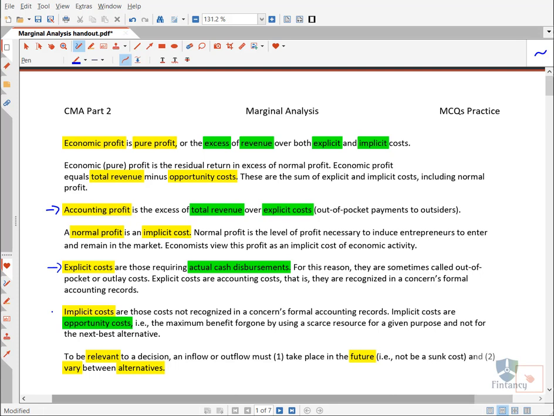They are the accounting costs, and that is they are recognized in the accounting records, in short, income statement. I hope it's clear with everyone. Now the main idea here to discuss is economic profit. What is economic profit? Economic profit is also called pure profit. So you need to understand this. It is also called pure profit.